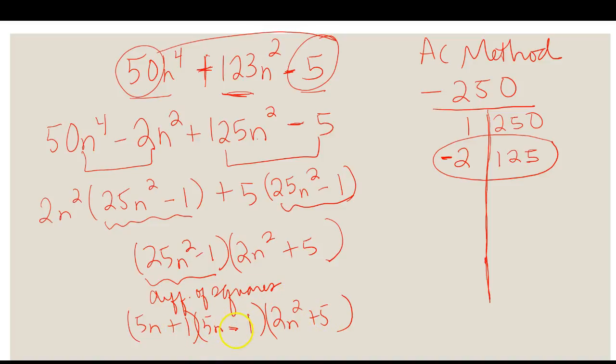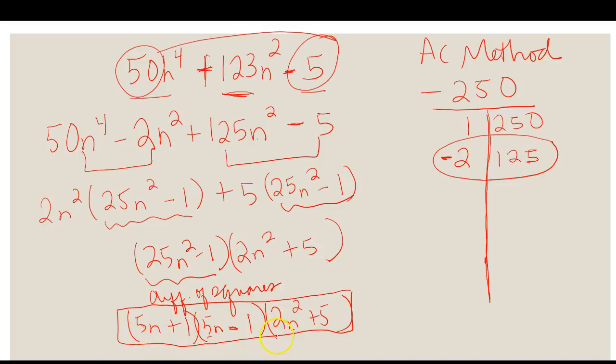Again, as you probably heard in my previous videos and lectures, multiplication is commutative. So the order of these factors does not matter. If you multiply all of this together, you will get the 50n to the 4th plus 123n squared minus 5. Notice you got 5n times 5n times 2n squared.